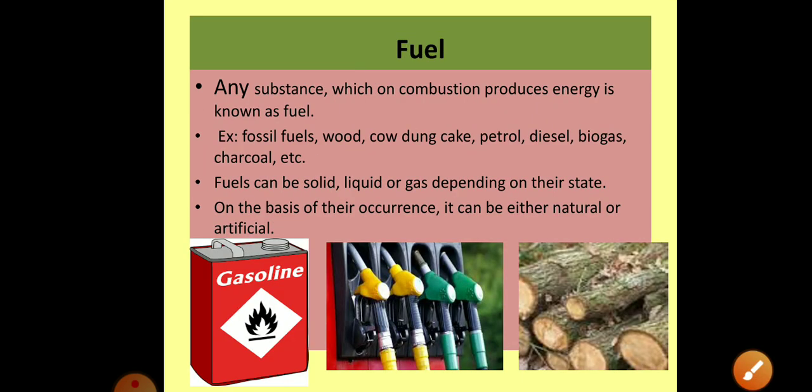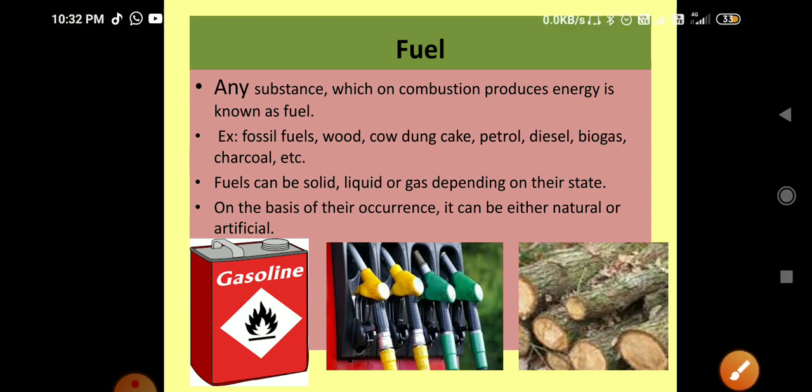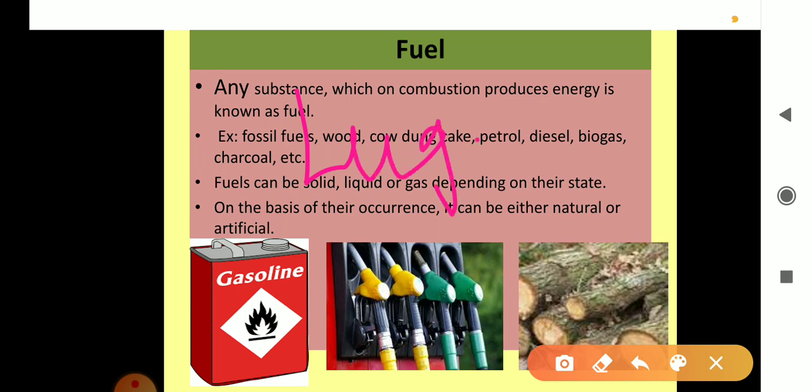Okay. Now next is fuel. We use different kinds of fuel for various purposes at our home, in industries, and for running automobiles. As we know, at our home we use LPG, right? For running vehicles we use petrol or diesel, CNG, etc. These all produce energy to run the vehicles or, at our home, for cooking food.